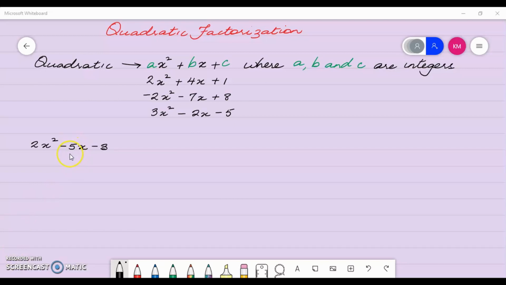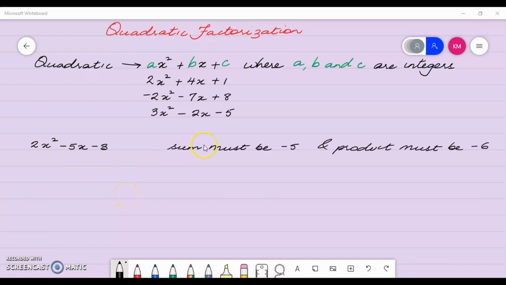Now, when we split that middle term, we must make sure that we end up with 4 terms such that we can apply factorization by grouping, which means that we must end up with 2 pairs of terms and they must have something in common for us to continue with that factorization process.